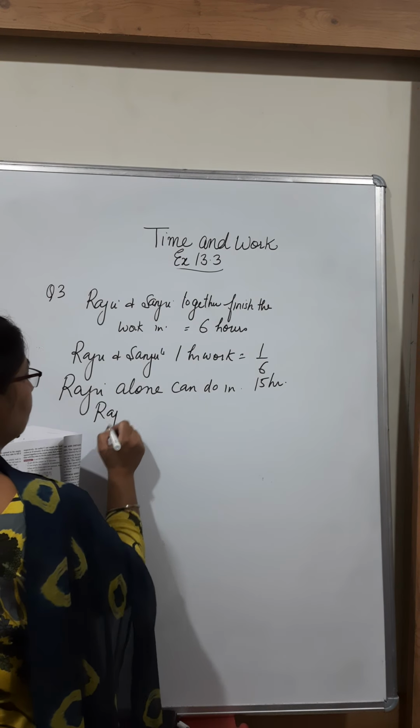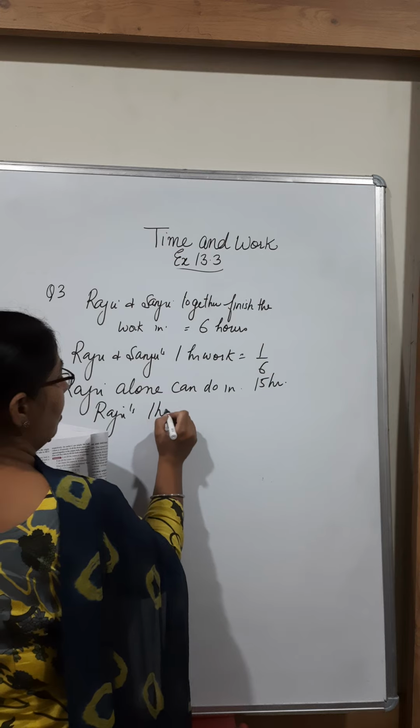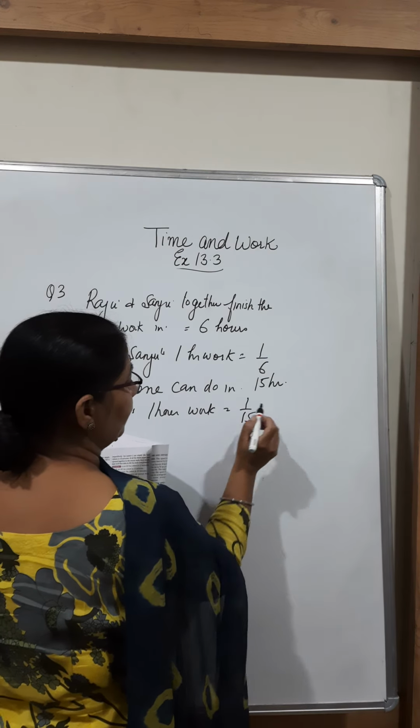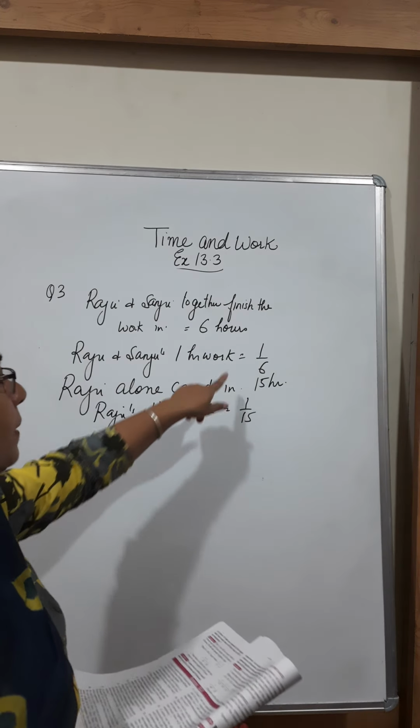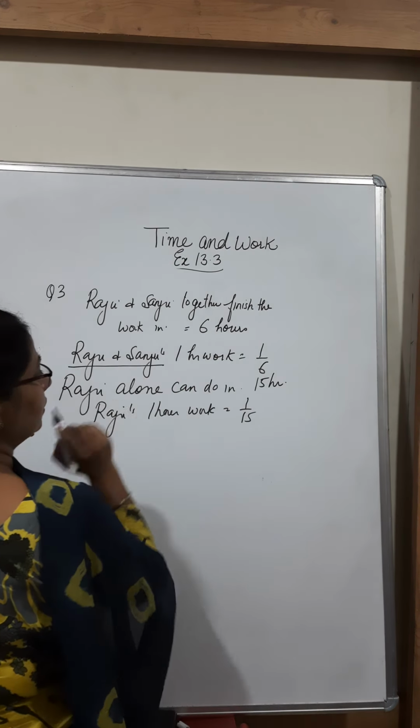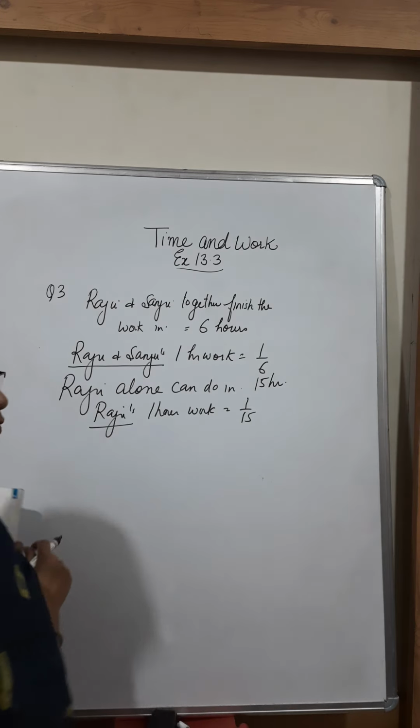So Raju's 1 hour work is equal to 1 by 15. Now what is 1 by 6? 1 by 6 is Raju and Sanju together, and here you have only Raju working.